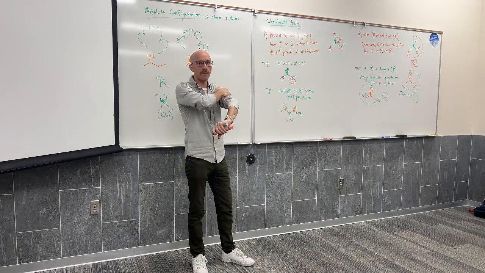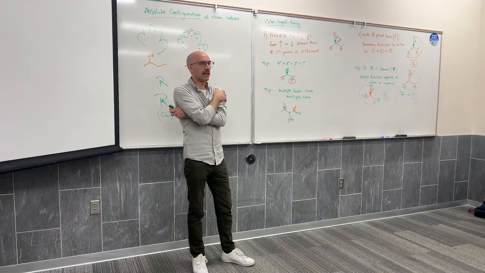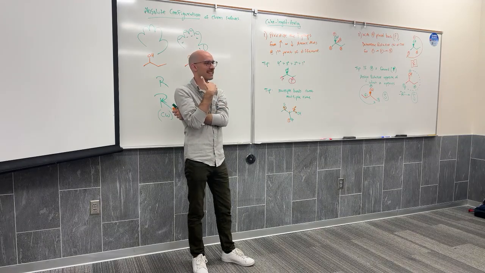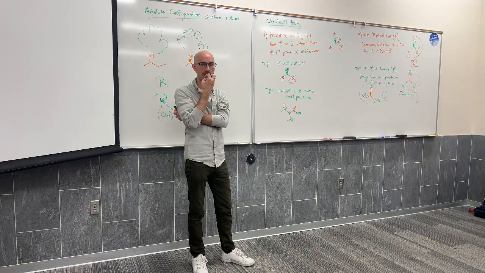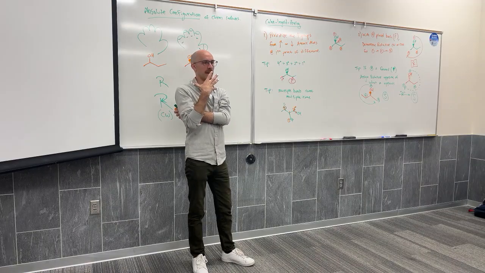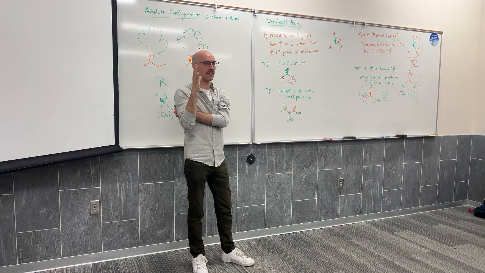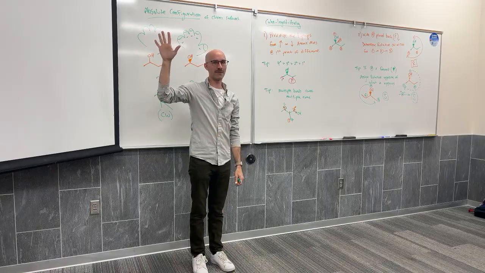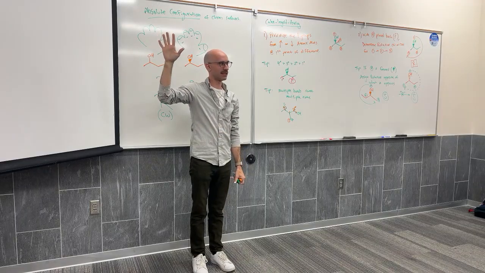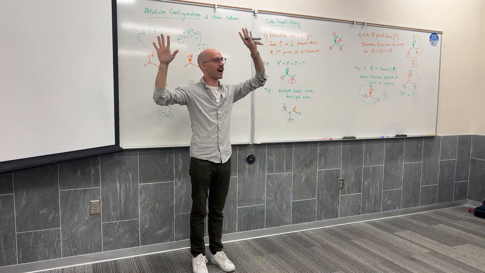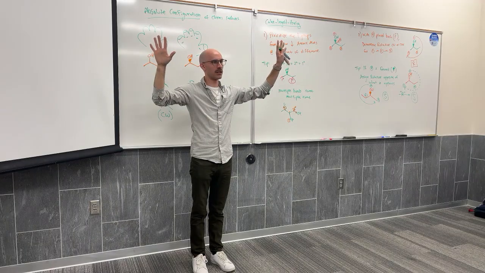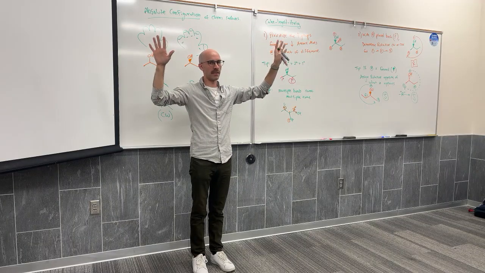This is important because when you take Vicks Vapor Rub and you put it on your chest or next to your nose, it helps you breathe better. That is one absolute configuration of a molecule. The other absolute configuration of the molecule is the addictive methamphetamine.